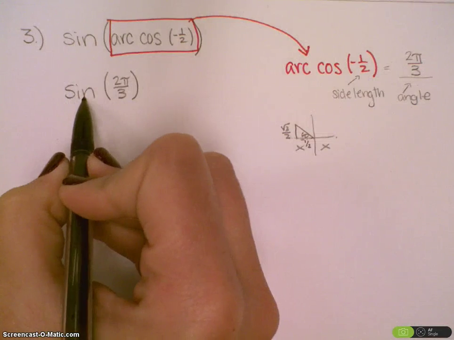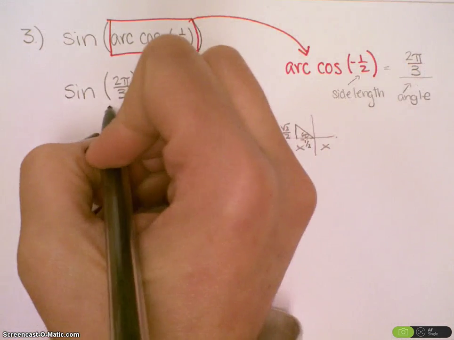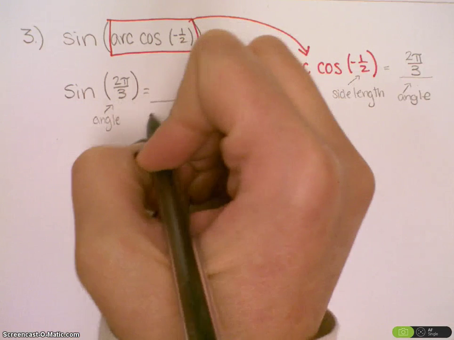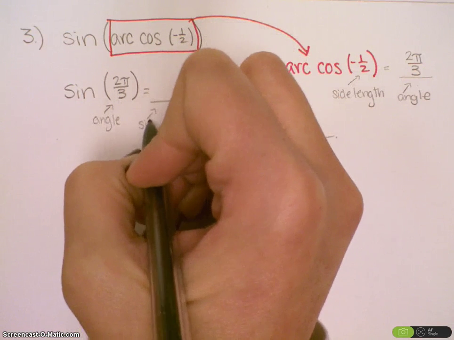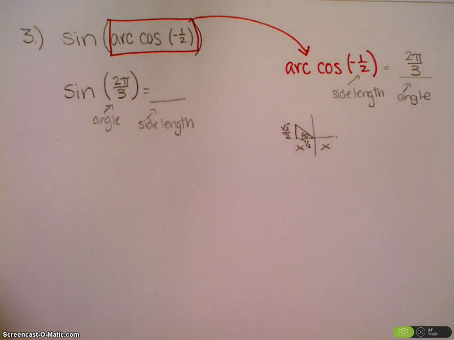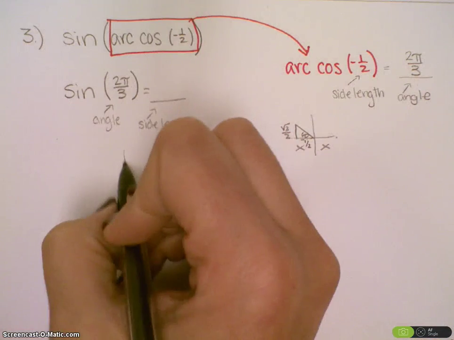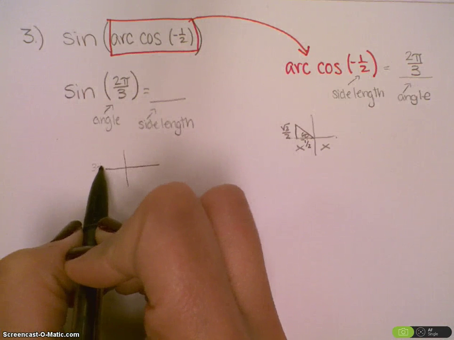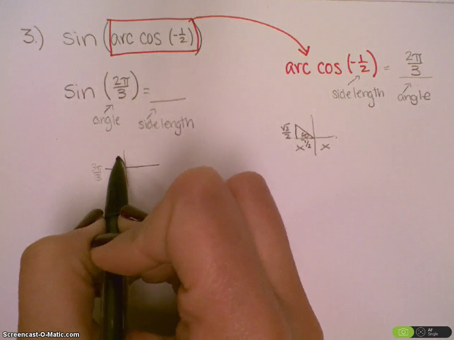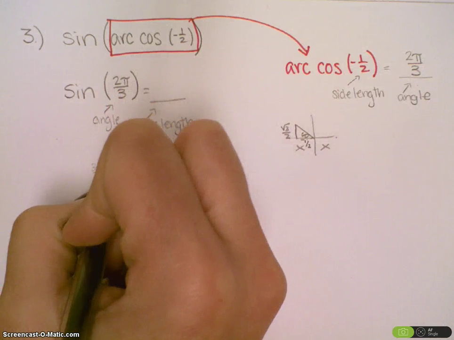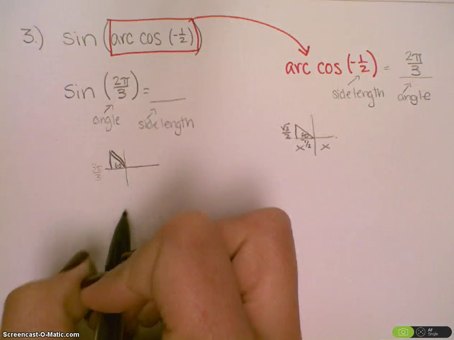If we're taking the sine of an angle, we know the output must be a side length. You can use the same picture or you can rethink of it again as 2 pi over 3, we know this is 3 pi over 3. 2 pi over 3 is in that second quadrant with a reference angle of 60.